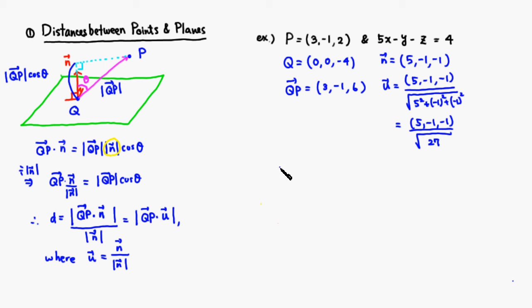Then let's find the distance d. The distance d is going to be the absolute value of QP dot product with the unit normal vector u. So this is QP, (3, -1, 6), dot product with (5, -1, -1), and then you just have to divide through by the square root of 27.